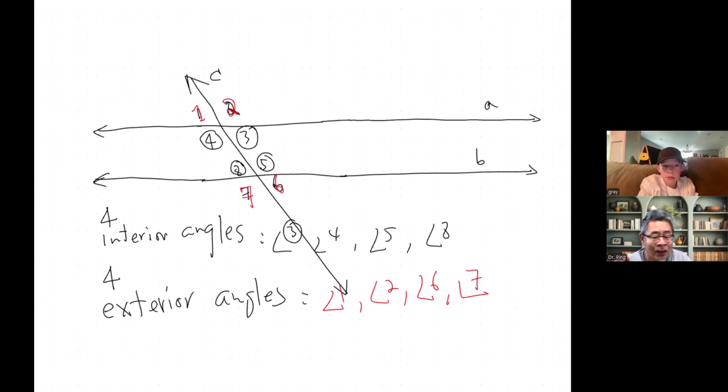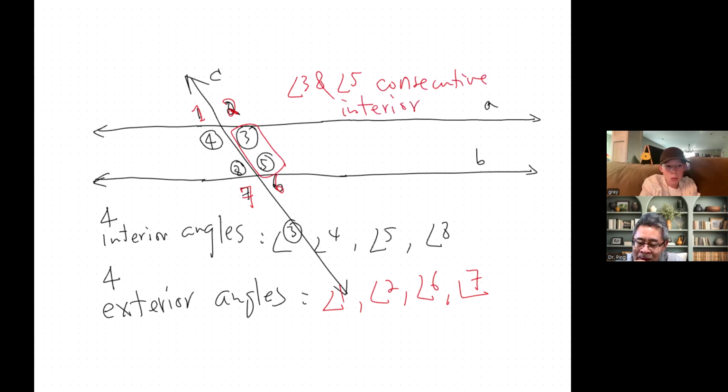And then we are going to look at the interior angles and see the pairs. So angle 3 and 5, we call them consecutive interior angles because they are interior angles, but they are also on the same side of the transversal, one after another.